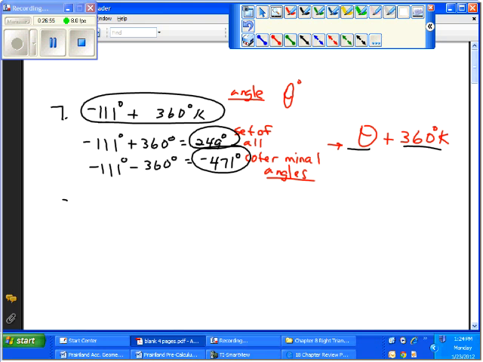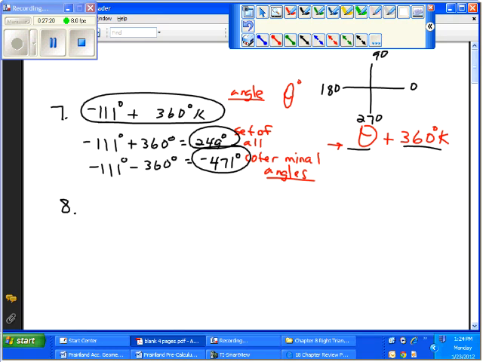Okay. So number 8. Oh, tell what quadrant each angle is in. Thank you. What quadrant is 249 degrees in? Well, let's just look at that. This is 0. This is 90. This is 180. This is 270, right?